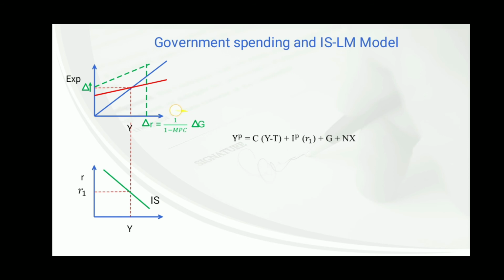The amount, delta Y, which is this amount right over here, is equal to the multiplier, 1 over (1 minus MPC), the marginal propensity to consume, times our change in government spending.